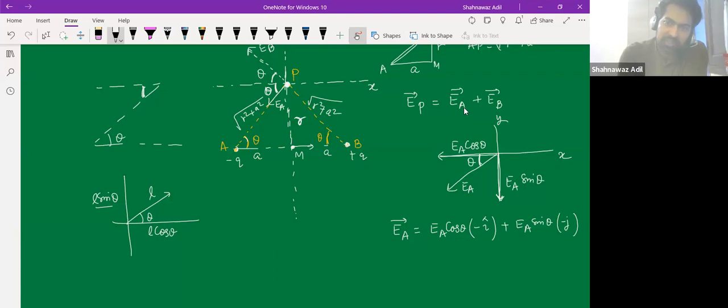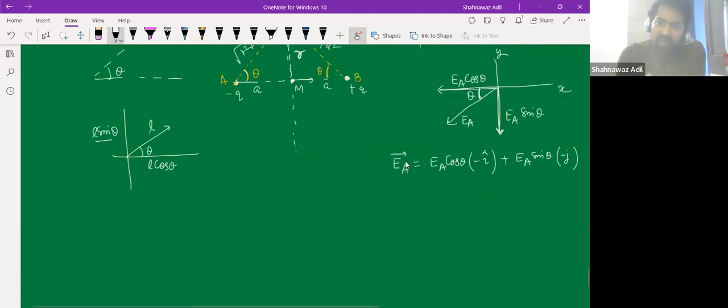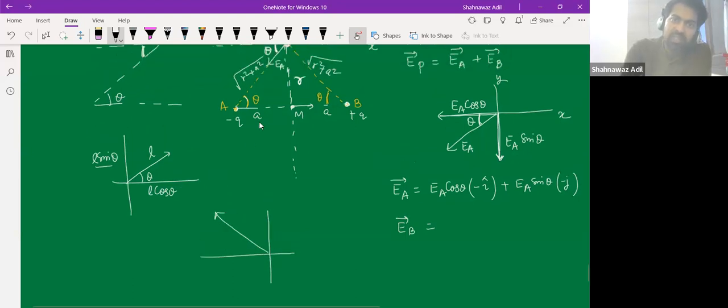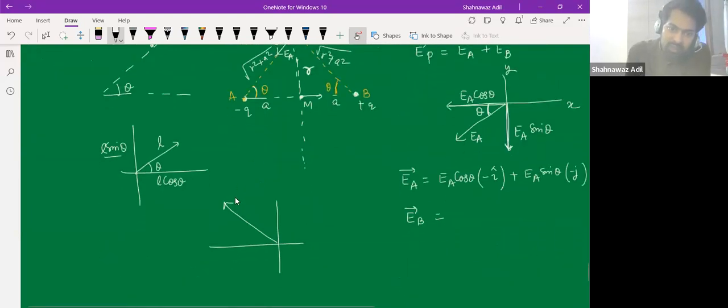So let us keep that. And what would be EB vector? So EB vector is this one. This is EB, and this is theta. Right.